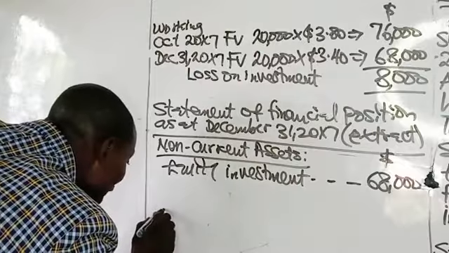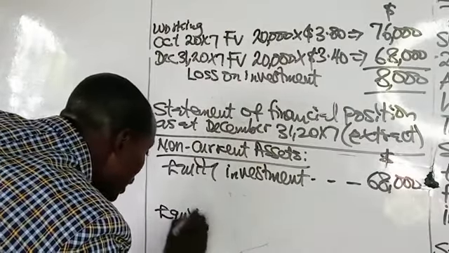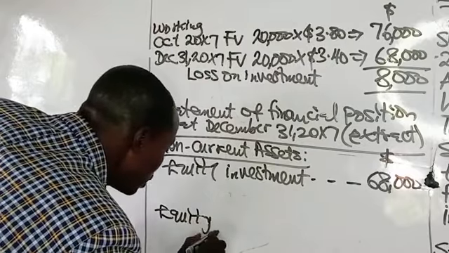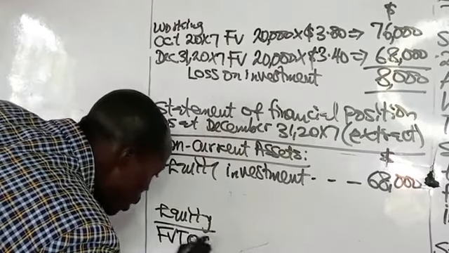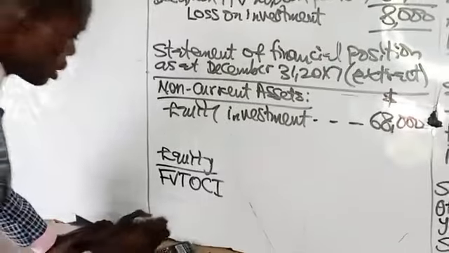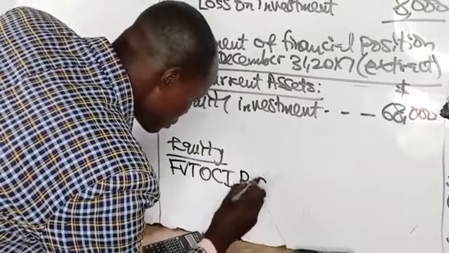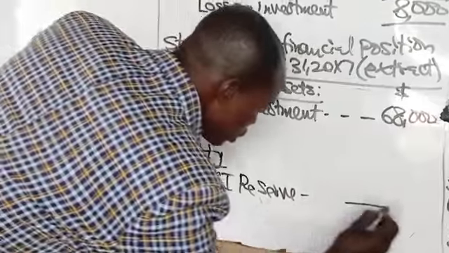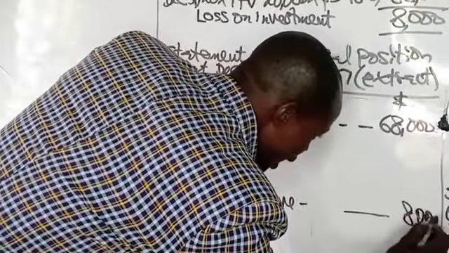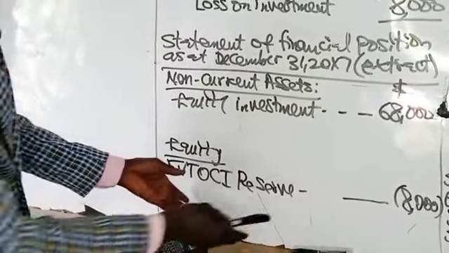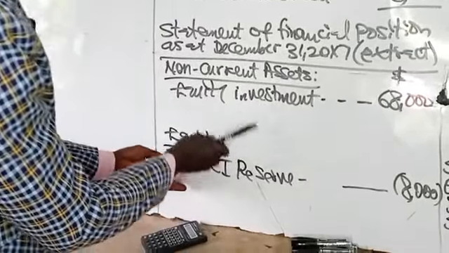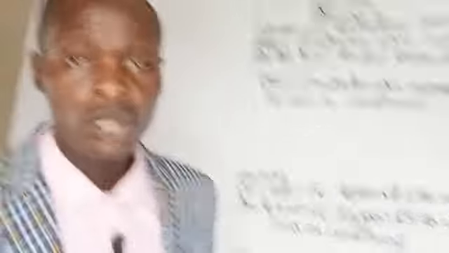Then in the equity section of the statement of financial position, equity, fair value through other comprehensive income reserve. So you have the 8,000 there as a deficit. So this is the end of the solution to example 2.